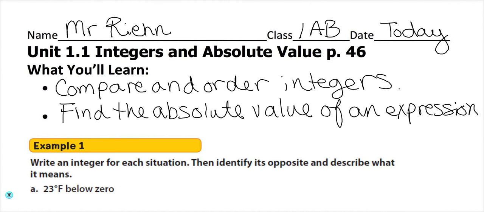Okay, so again, we're going to compare and order integers, and we're going to find the absolute value of an expression. If you need some more time to write that down, go ahead and pause. Otherwise, we're going to continue on.